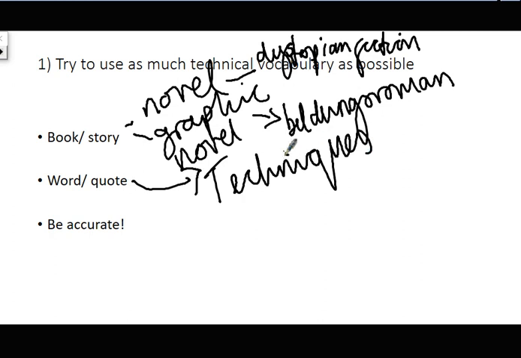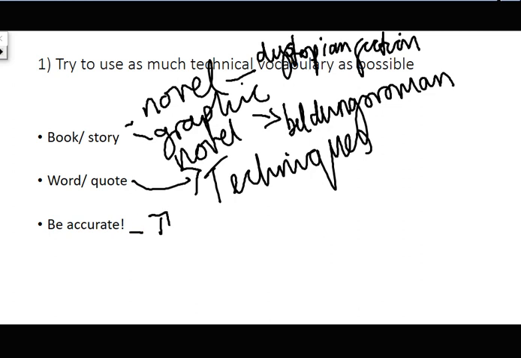Please don't say things like, Winston uses the word, blah, blah, blah. And definitely don't say quote, because authors don't quote things. You are quoting the authors, but the authors don't quote. So you can't say Orwell's use of the quote, because that's not accurate. And just try to be as accurate as possible.